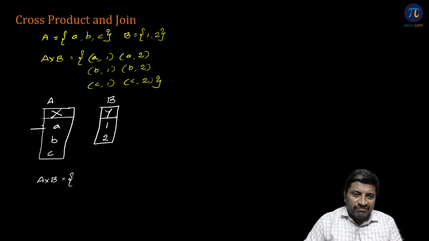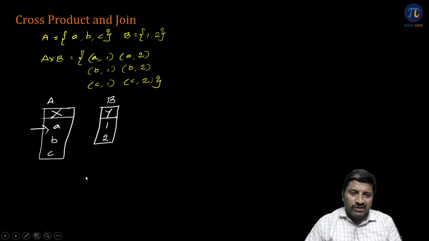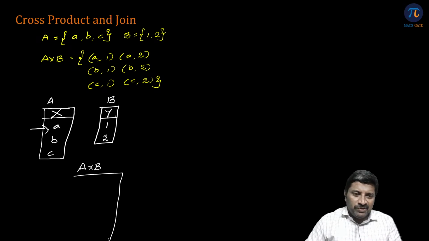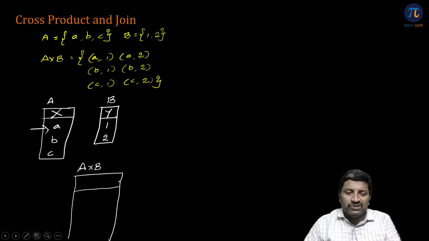First we consider the first row of the table. So what is the first row of the table? Now let me represent this also in terms of the relation. So A cross B is a relation which consists of the attributes from the first relation and the second relation.